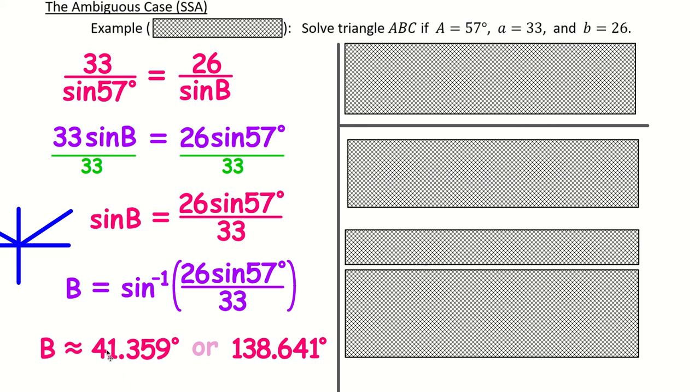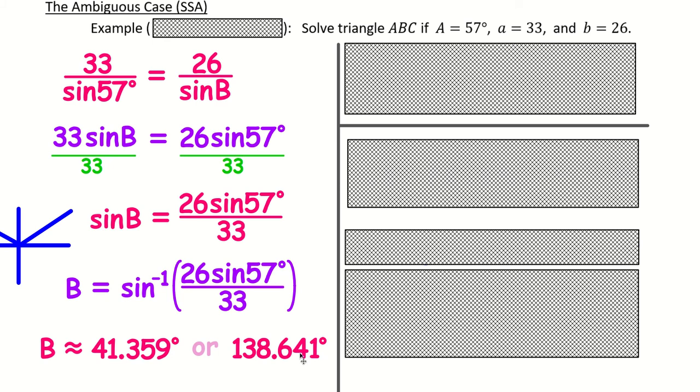It's not like it's one or the other, or which one is correct. Here's what it really is: this could be my angle B in one triangle. Could this be my angle B in a second possible, entirely different triangle I can draw?